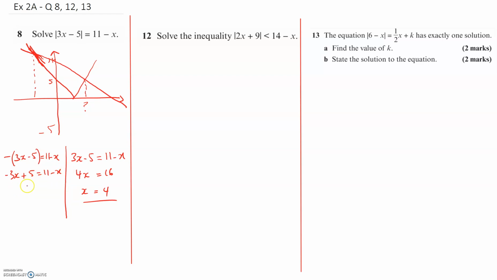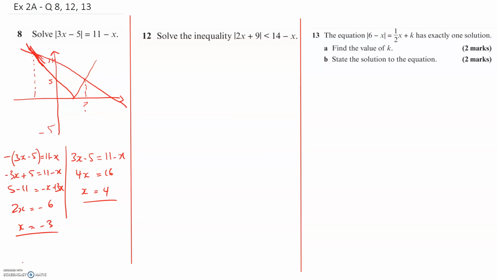So why don't I take the 11 over? Right, so I'll end up with 2x is minus 6, so x is minus 3. So it makes sense that the one on the left is a negative x value and the one on the right is a positive x value. So those are the solutions.